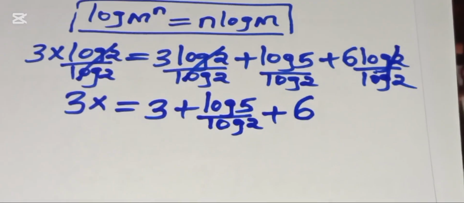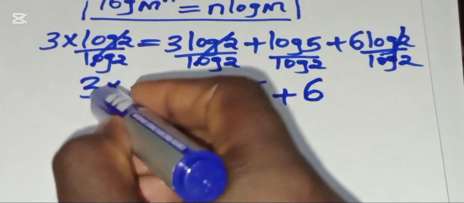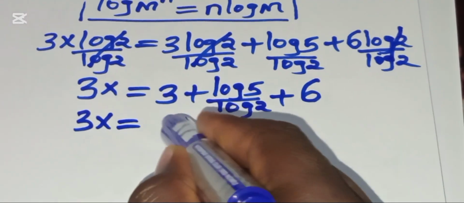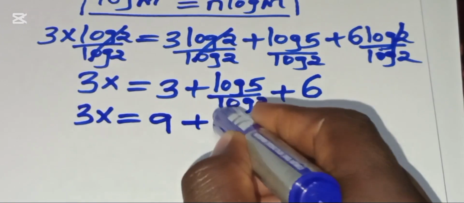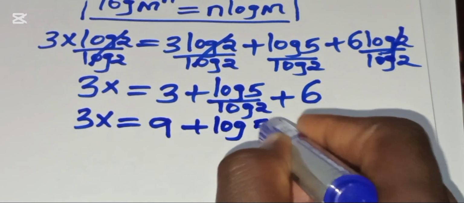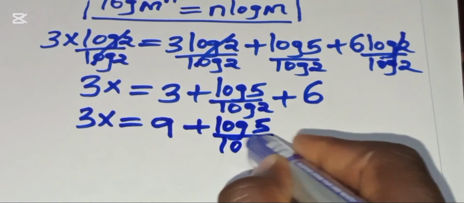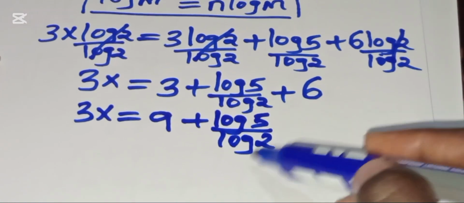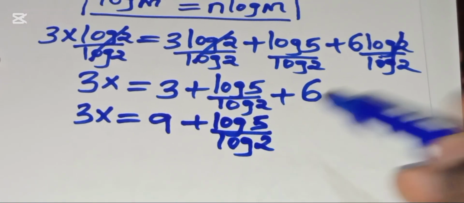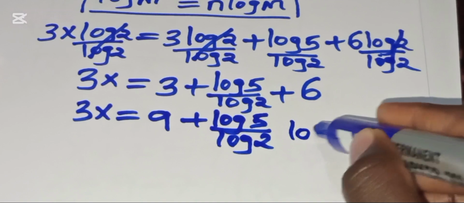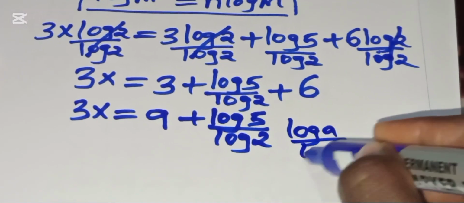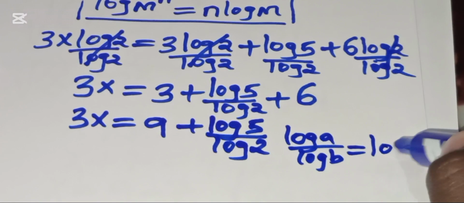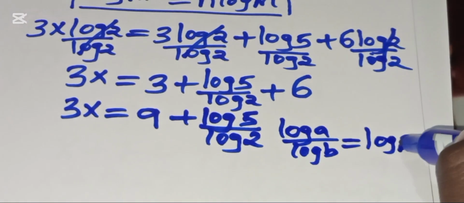So 3x is equal to 3 plus 6, which is 9, plus log 5 divided by log 2. Now log 5 divided by log 2 is in the form of log a divided by log b, which you can express as log a to base b.